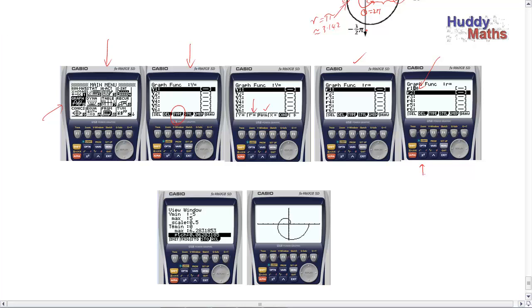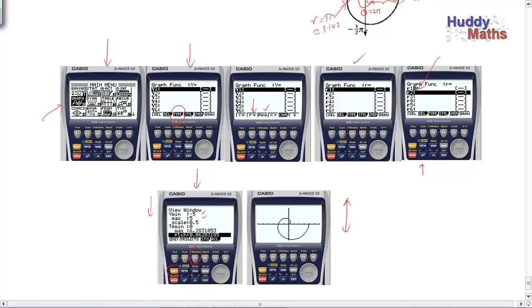Then you need to go to the view window. So this is shift F3 for view window. And you scroll right down to the bottom of the usual view window, and just check a decent y value, -5 to 5, so you've got enough space this way to see it.